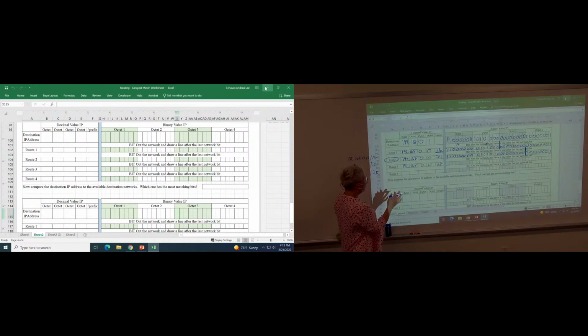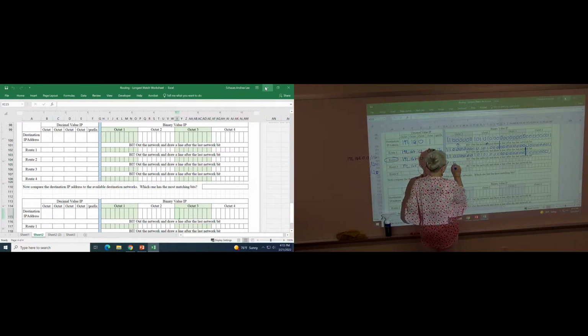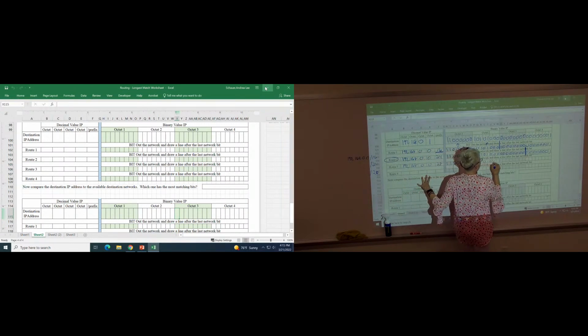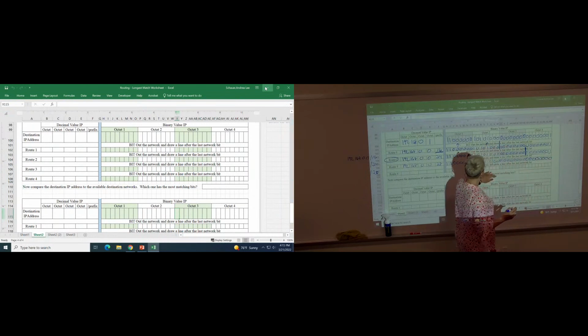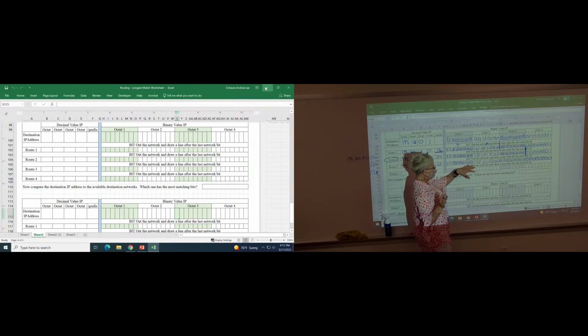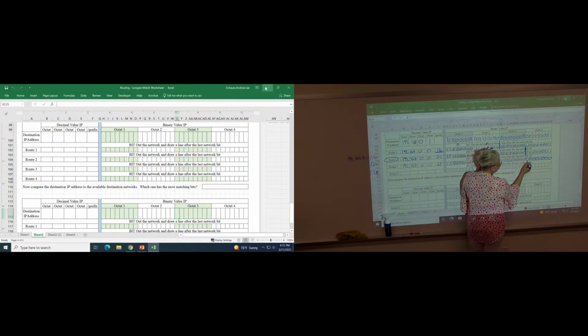So right now we're working with this one, right? But I still have one more. I've got to still see if this one matches. We already know this, right? But now I'm going into the fourth octet, right? So it's my destination network here. Okay, so the first octet is good, the second octet, and then 24, 25, 26, 27, 28.